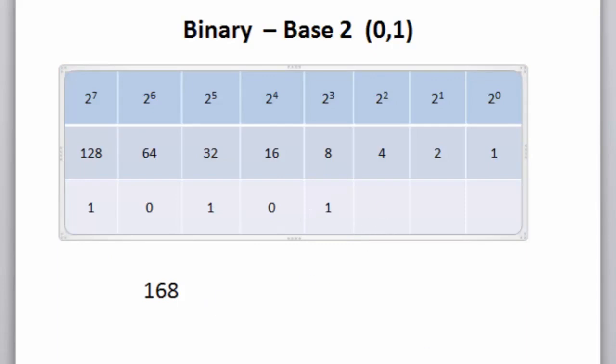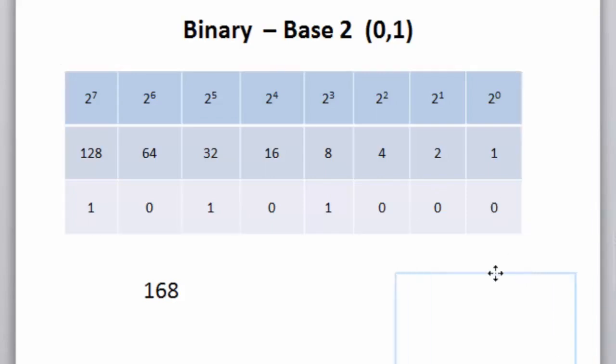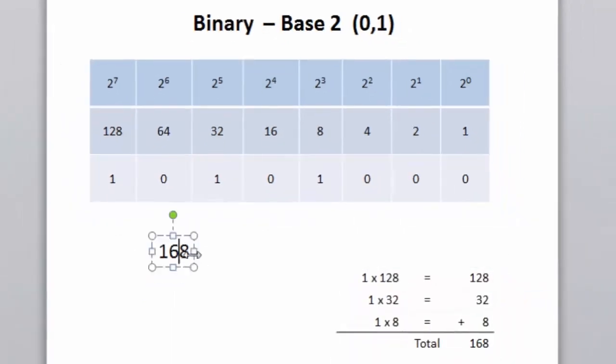I'll follow this up with zeros in the 4's place, the 2's place, and the 1's place. And 168 in binary equals 10101000. I now have one 128, one 32, and one 8. And 128 plus 32 plus 8 equals 168.